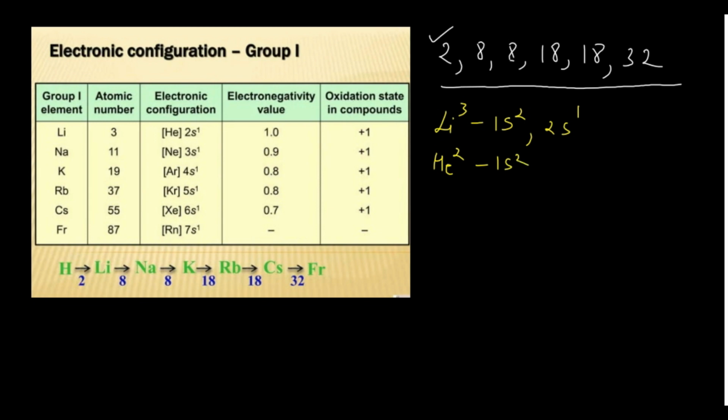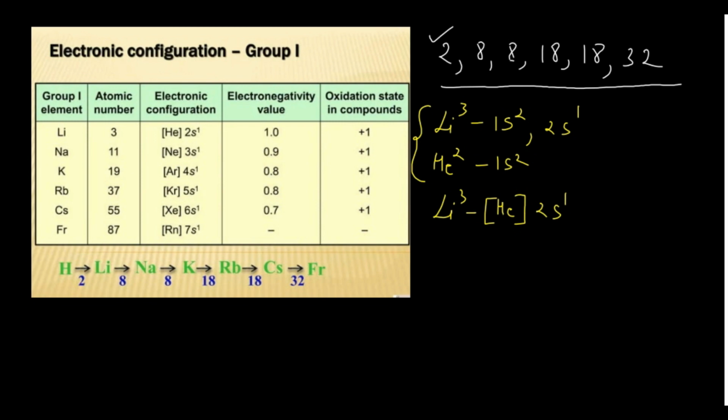So if you combine these two, the electronic configuration of lithium can be written as the electronic configuration of helium, just like that, and 2s1. So what I did actually, I replaced this 1s2 with helium, right? And it is very important to put this helium into square brackets in order to show the noble gas configuration.